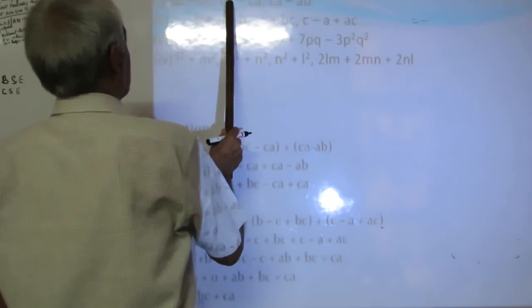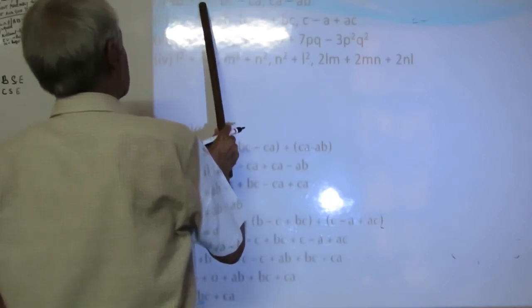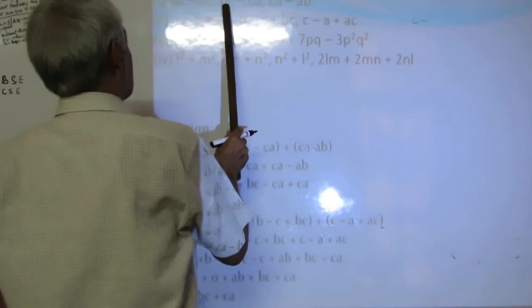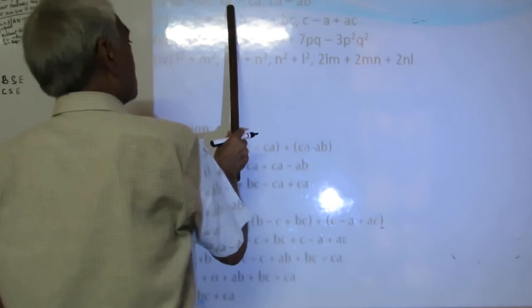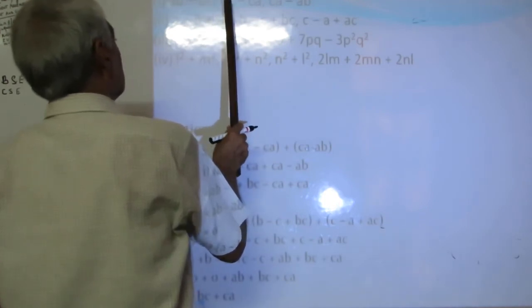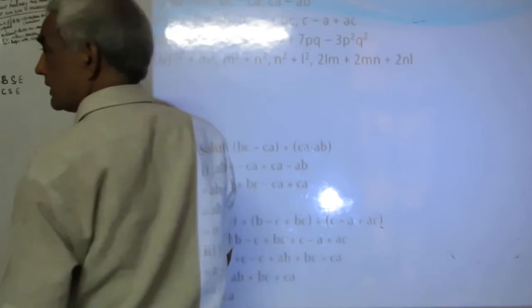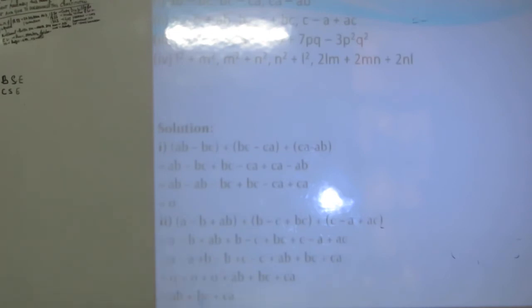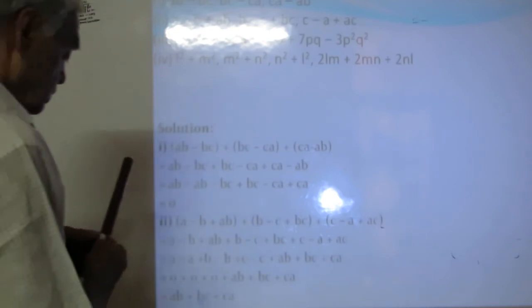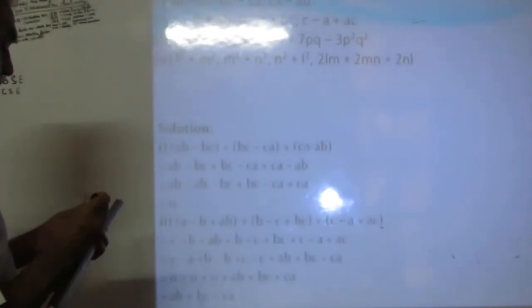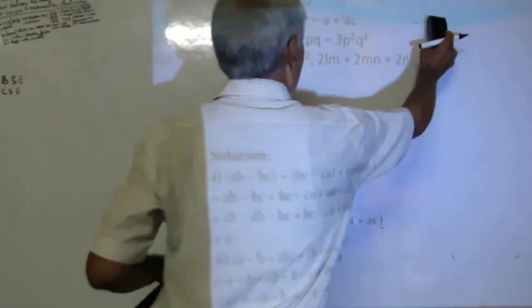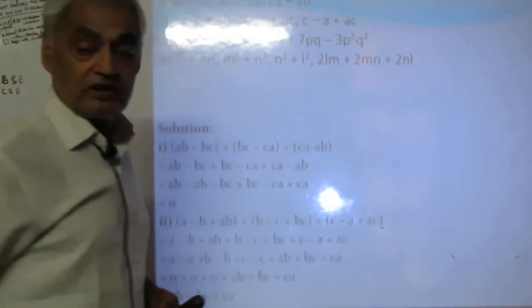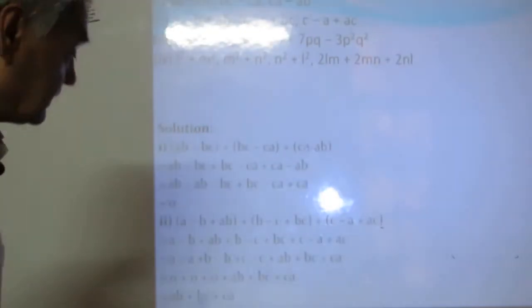Second is BC. In the first expression BC is minus, in the second expression BC is plus. So minus BC plus BC will become 0. So in addition or subtraction, like terms are added or subtracted with like terms. So here is an example.